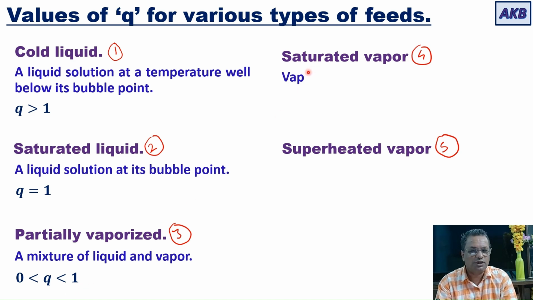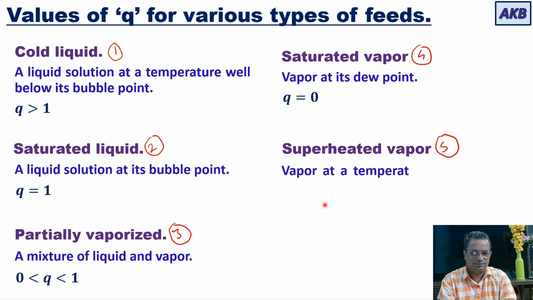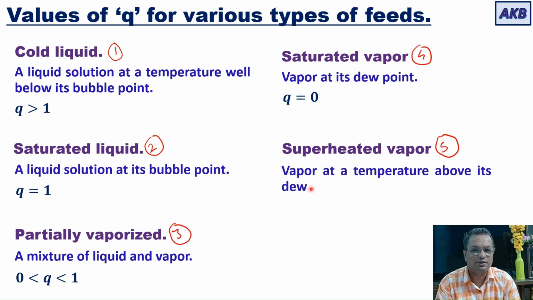Then the fourth type is saturated vapor, which is nothing but vapor at its dew point. And for such a feed, Q is 0. Then you have superheated vapor, that is a vapor at a temperature above its dew point. One way of understanding Q is that Q tells you about the liquid portion of the feed.